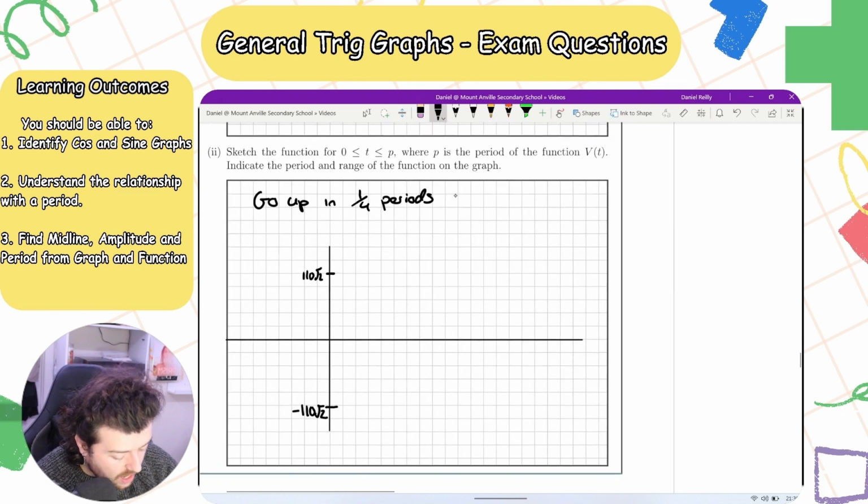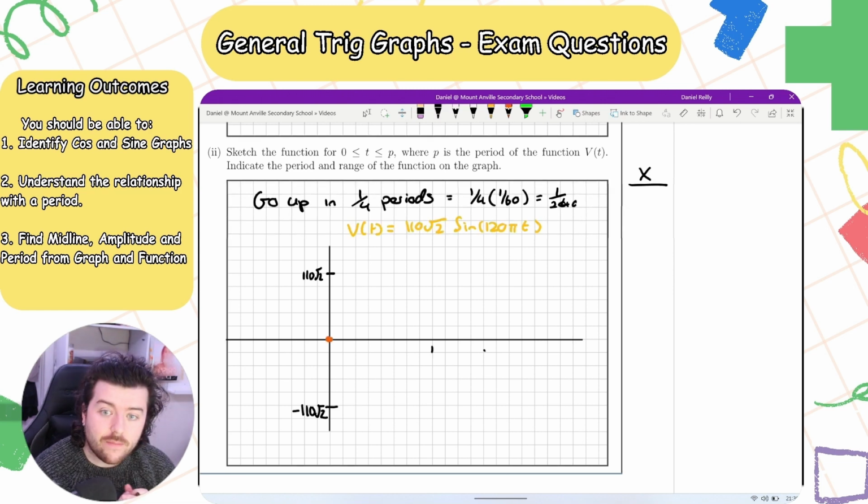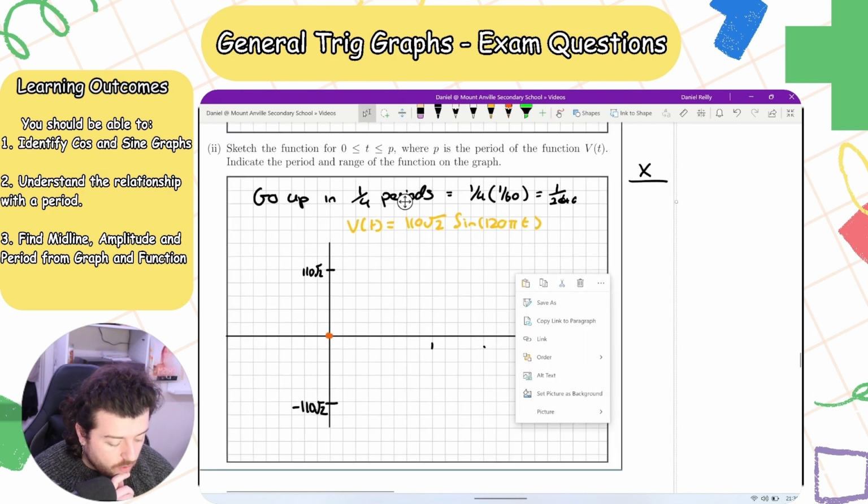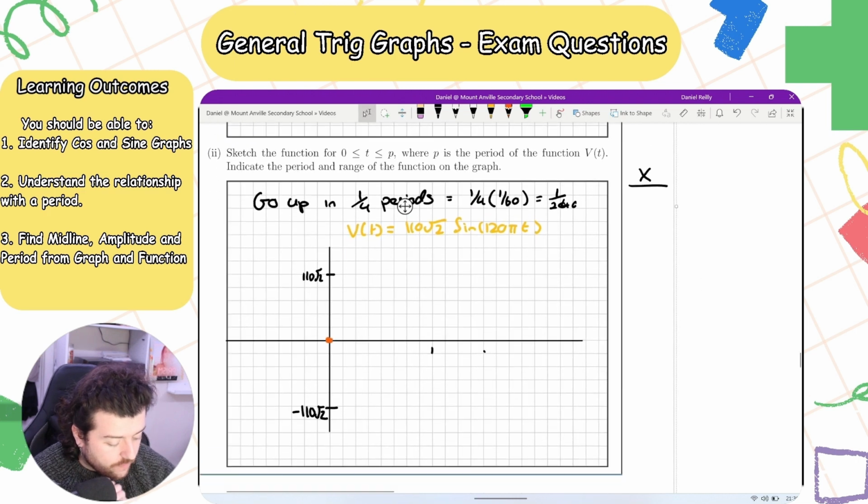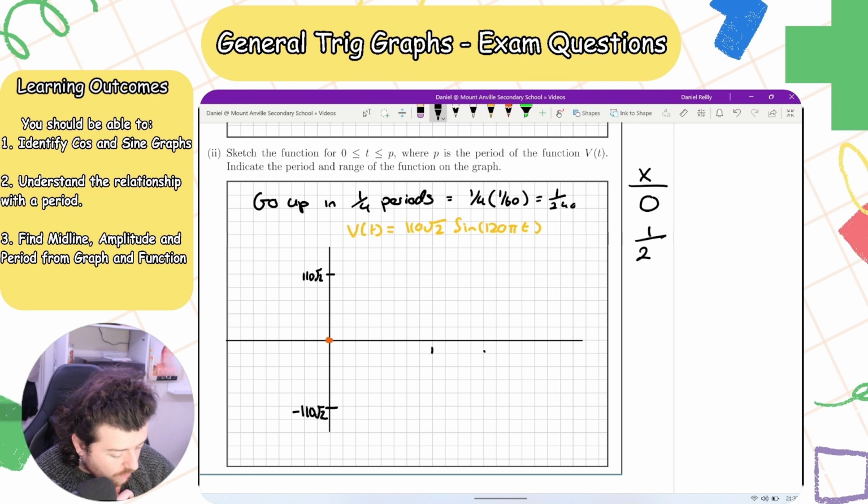So let's go up in quarter periods. A quarter of my period, which is 1 over 60, is going to be 1 over 240. So we need to go up in 1 over 240s. My values are going to be 0, 1 over 240.